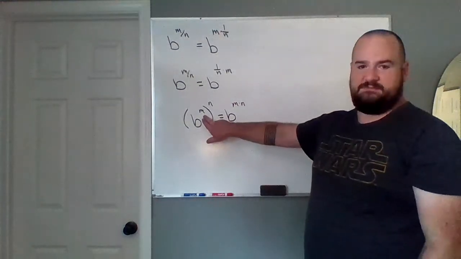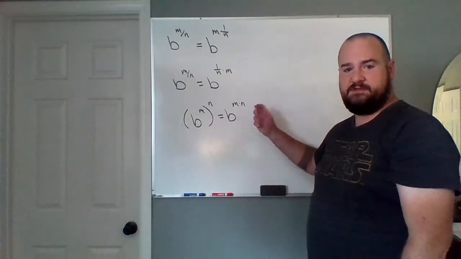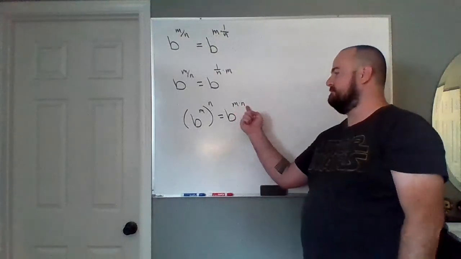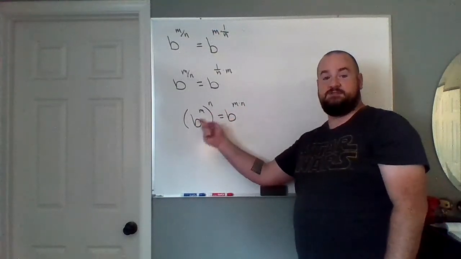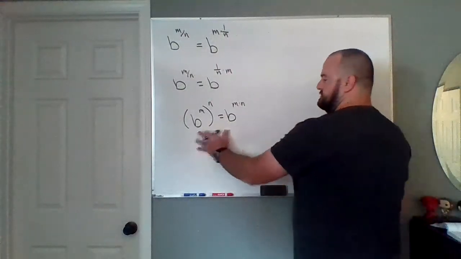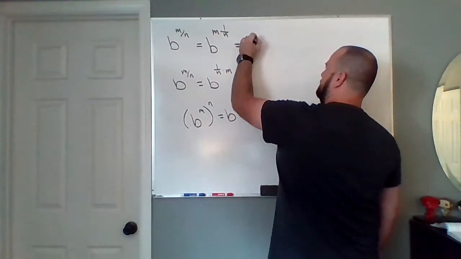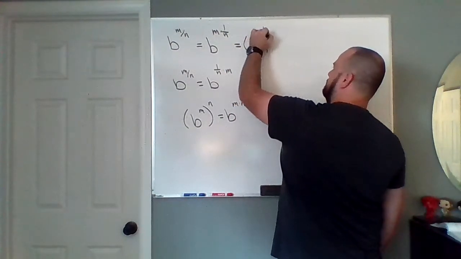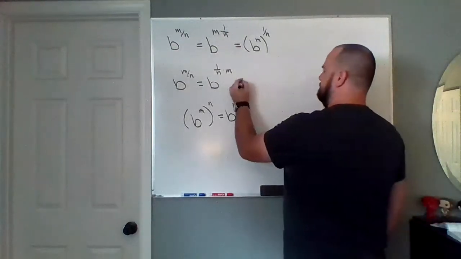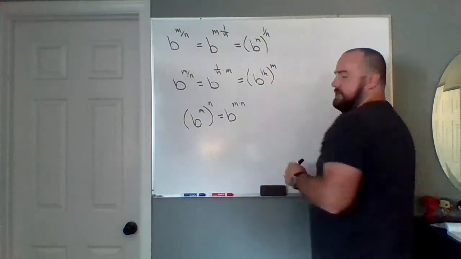So if we have something raised to a power, we multiply those exponents together to combine them. But remember, this is an equal sign, which means I can go both ways, which means I can take the product in an exponent and split it into two exponents. And that's what I'm going to do here. So following this rule, this situation here gives me b to the m to the 1 over n. And down here, this gives me b to the 1 over n to the m.